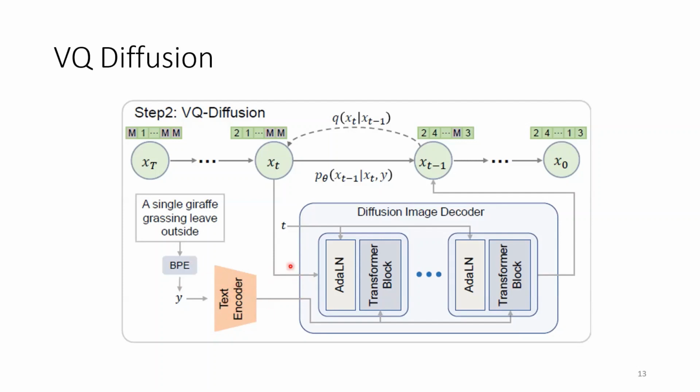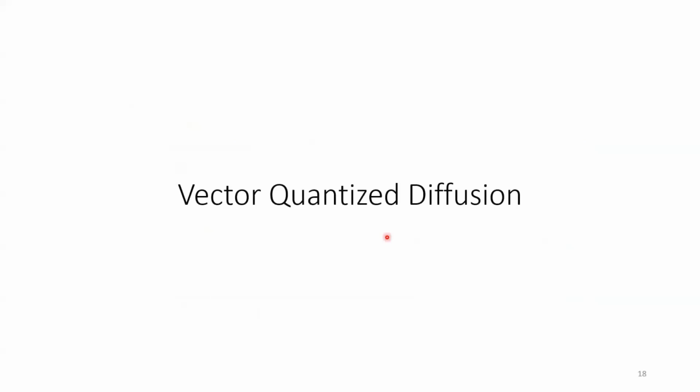These two signals are given through the adaptive layer normalization block and the cross attention respectively. The t is given to this, and the text output from here is given to the transformer block as shown here. And further VQ diffusion will be explained by Manu.